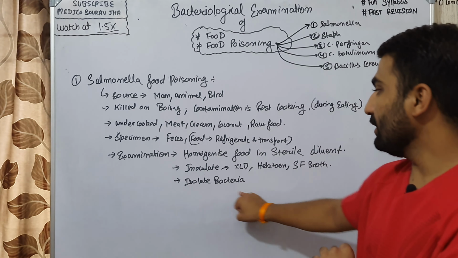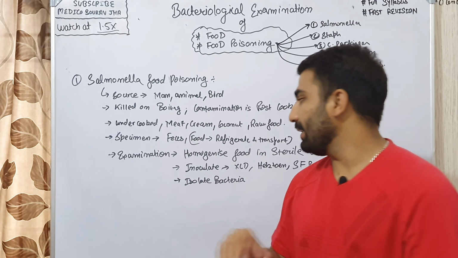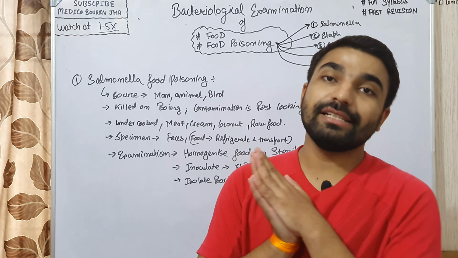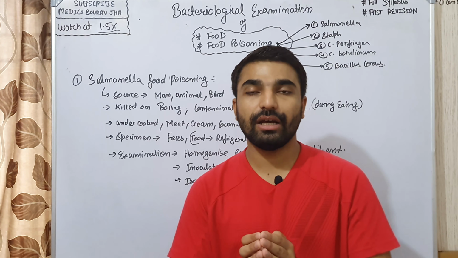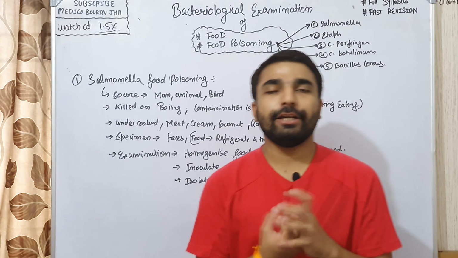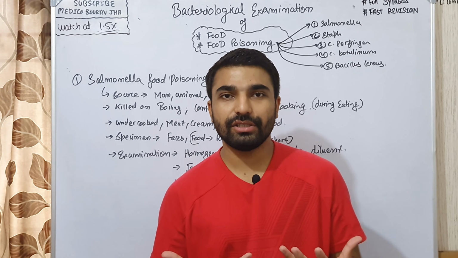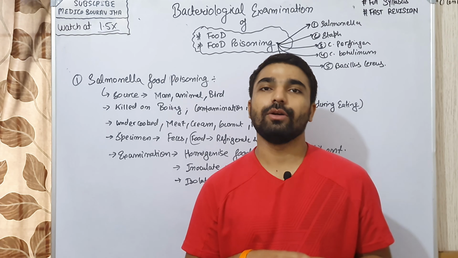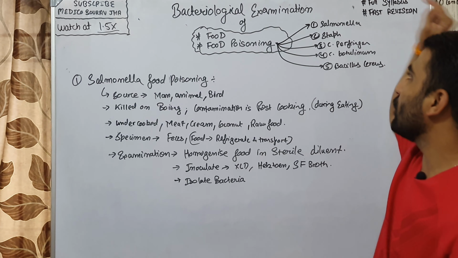Then the bacterial growth is to be isolated and tested whether it is salmonella or not. If it is confirmed as salmonella, then accordingly some antibiotics will be prescribed by the microbiologist and the doctor will finally give the medicine.